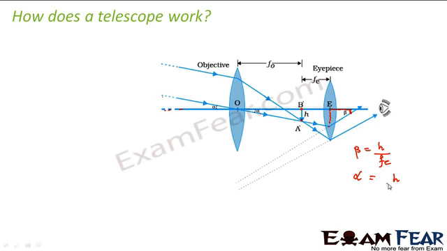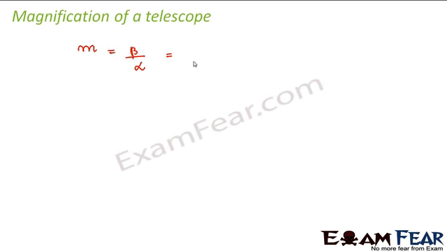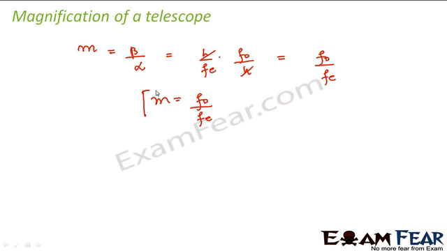Alpha is again h divided by f naught. So now putting these values of beta and alpha, we can say that magnification of a telescope is equal to f naught by fe. So magnification depends only on the ratio of the focal lengths of the objective and the eyepiece.